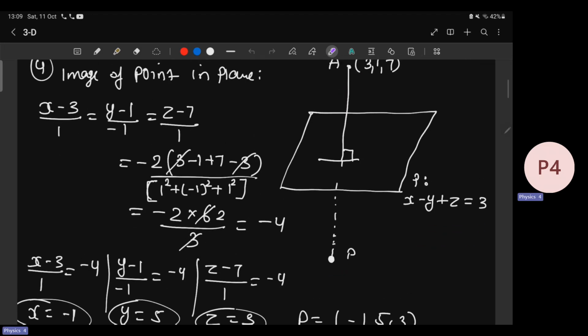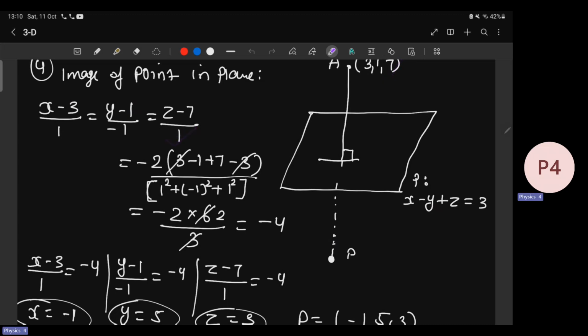Suppose the coordinates of P are x comma y comma z. So we can write (x minus 3) upon 1 equals (y minus 1) upon minus 1 equals (z minus 7) upon 1.